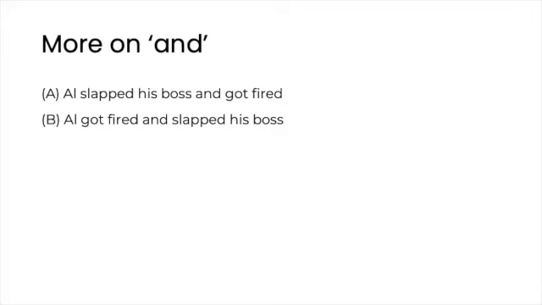If we hear A, we tend to assume that Al got fired because he slapped his boss, whereas if we hear B, we may think that Al slapped his boss in a fit of rage due to his having been fired. So, conjunctions are sometimes used to express causality. But again, this is because we as hearers tend to enrich the meaning of what we hear, and it does not entail that "and" introduces causality as part of its meaning.